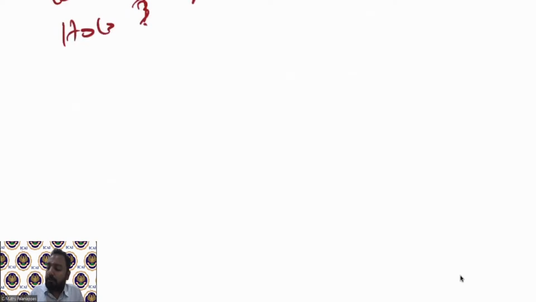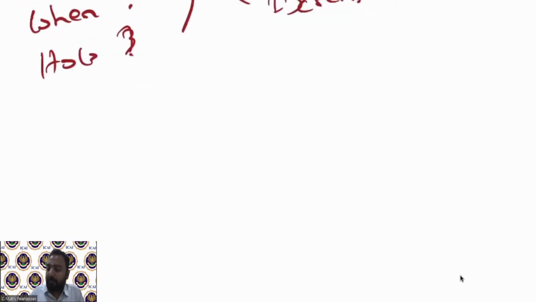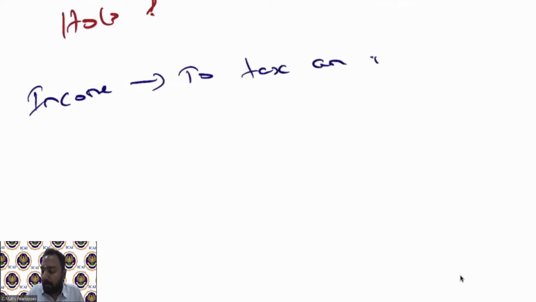When we talk about this, we'll start with the concept of receipt, that is, sales or receipt. So basically, to tax an income, the Income Tax Act has something called a charging section.